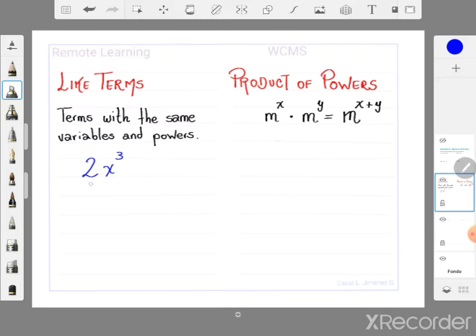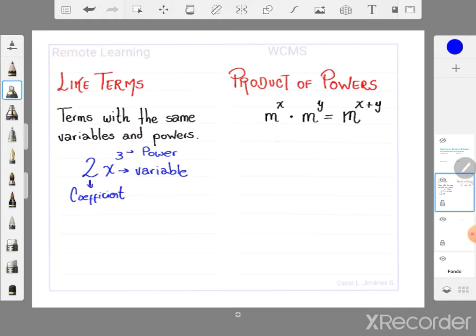The number is the coefficient. The name for this is the variable, because this is the letter, and the name for this is the exponent or the power.